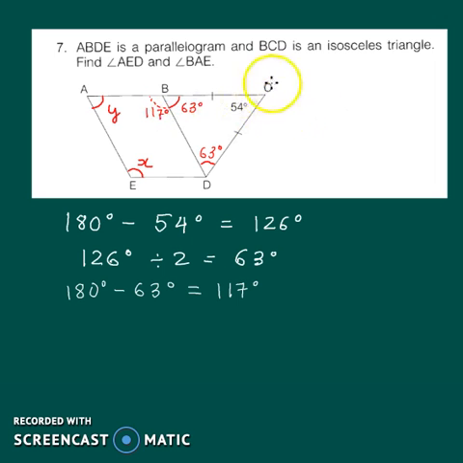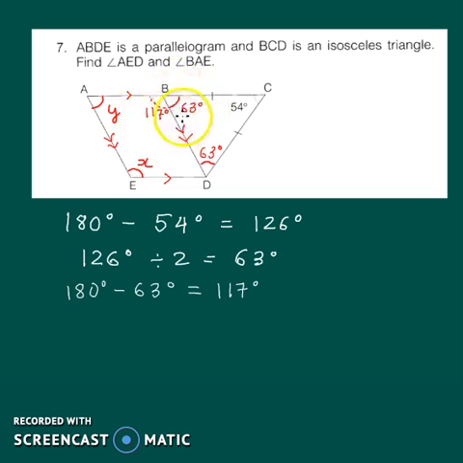And if you remember the law from the last video, opposite angles in a parallelogram are equal. So in this parallelogram, side AB is parallel to side ED, and side AE is parallel to side BD.